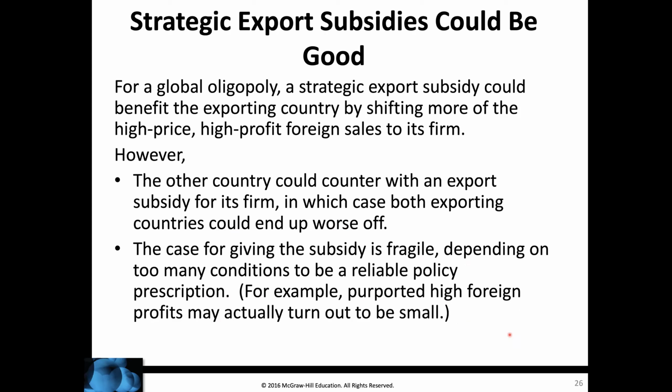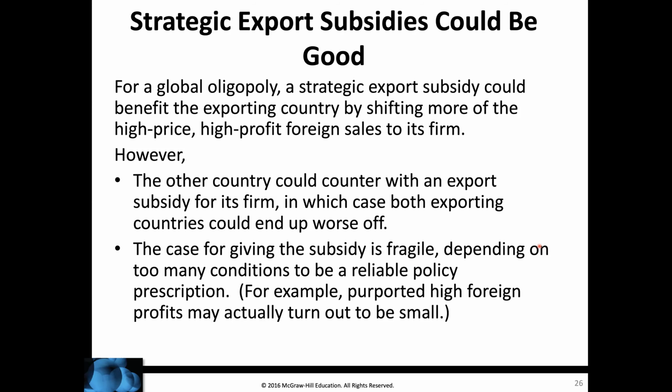Policymakers may be tempted to have export subsidies, but what we've seen is most likely it will harm the well-being of the exporting country and the world. So with that, we've talked about pushing exports and how they're typically not a good idea.